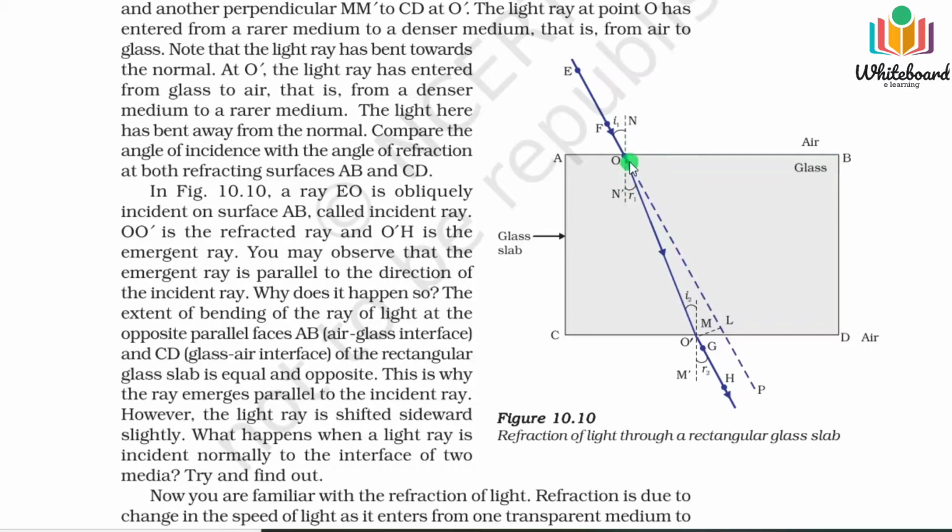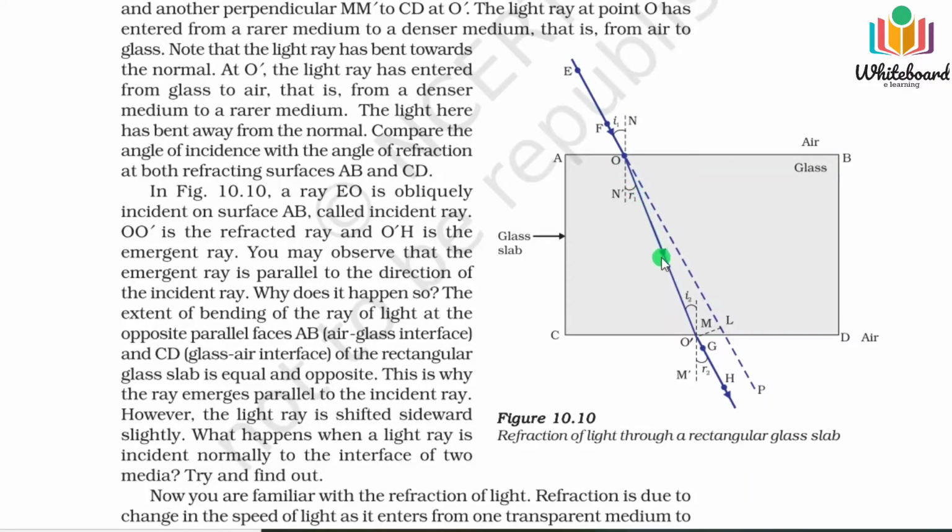If the glass were absent, the ray would follow this path. Actually the refracted ray has been bent towards the normal. You can see this is the normal, N dash is the normal. So that is R1. We can see from this figure R1 is less than I1.